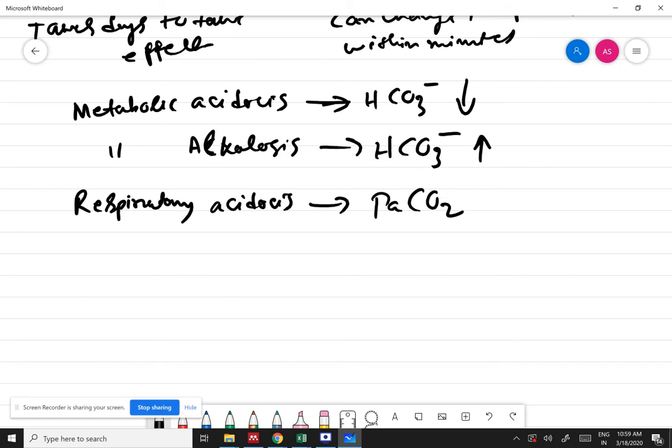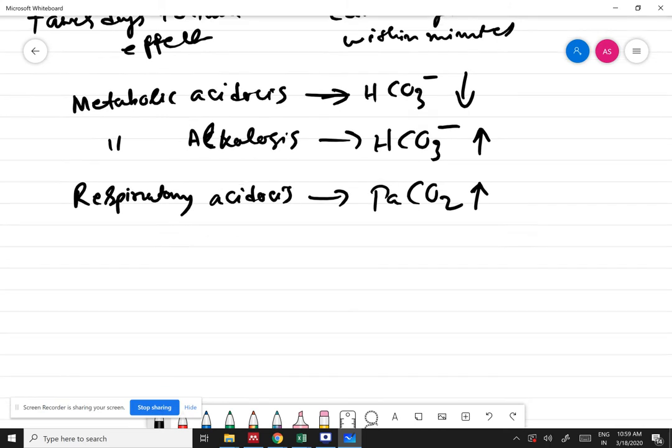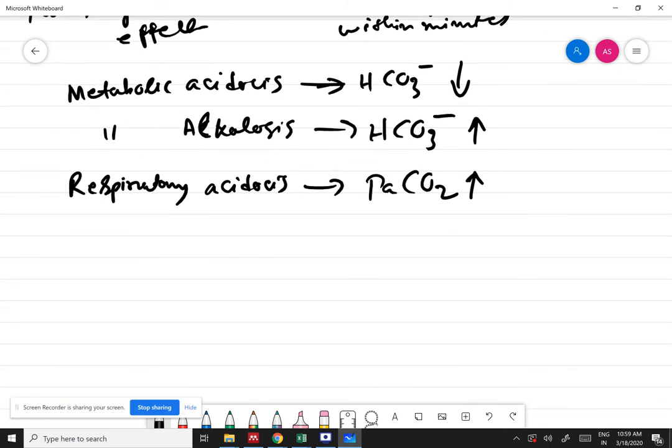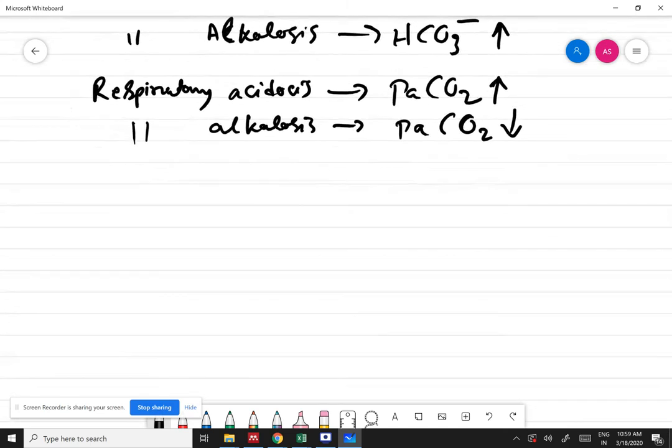The lungs can increase the acidity by increasing PaCO2, or they can reduce the acidity and produce respiratory alkalosis by reducing PaCO2. Let's take some examples to understand how to diagnose whether it's respiratory acidosis, respiratory alkalosis, metabolic acidosis, or metabolic alkalosis.